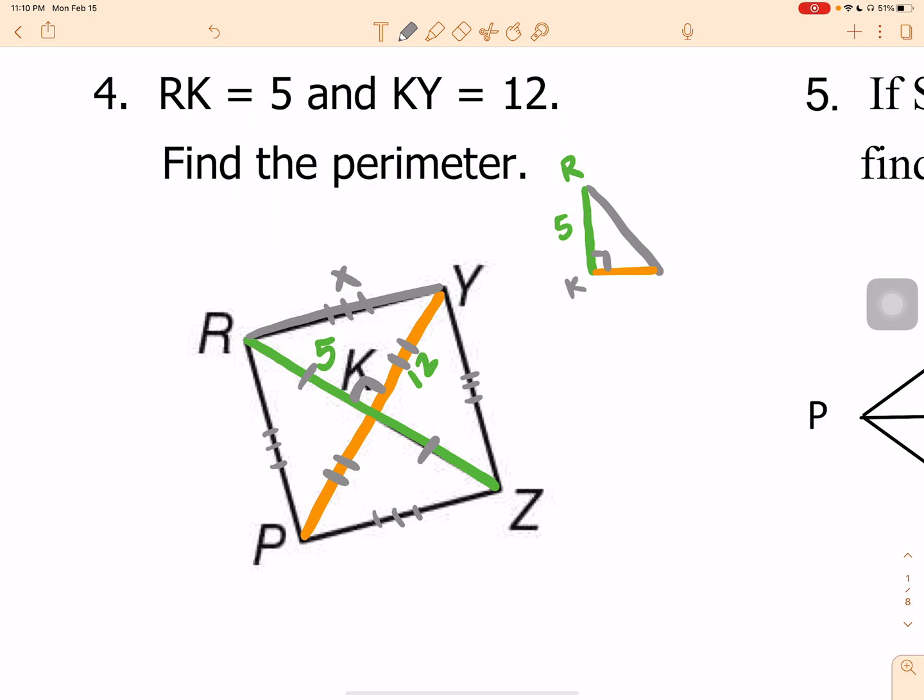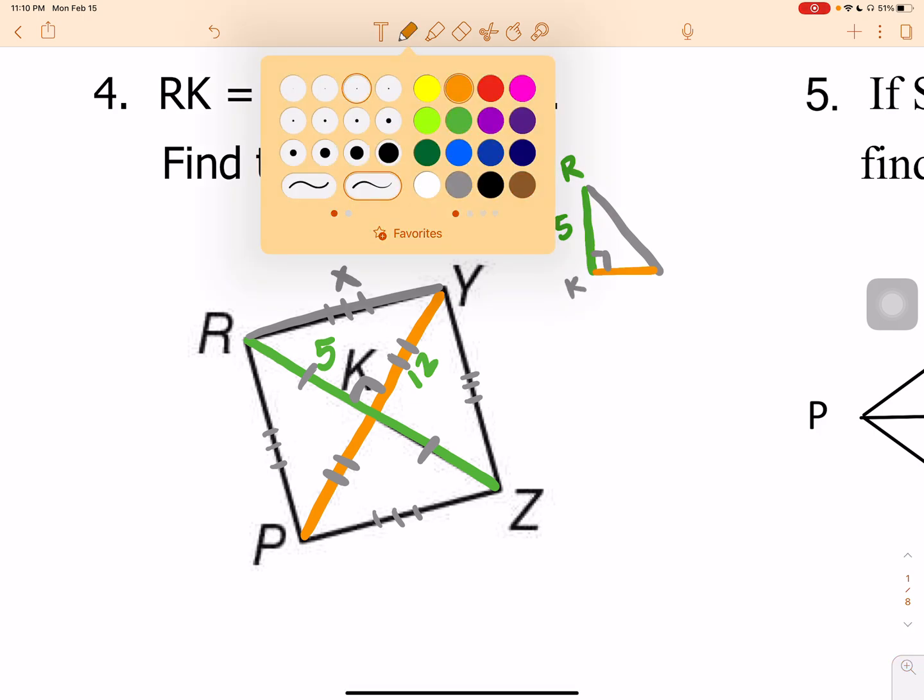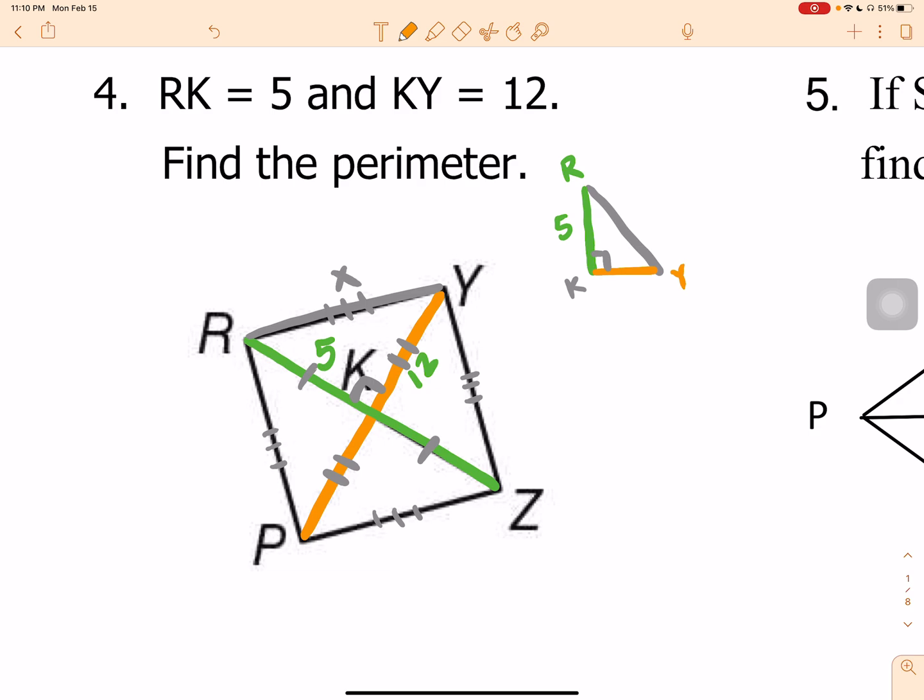This is the K here. And then this is the Y, and this is side length 12. Okay. I'm going to actually not write those in those colors. So these are just the corners here that are helping me name my triangle. So I have a triangle RKY. It was literally just this triangle here that I pulled so you could see it set up like a right triangle.